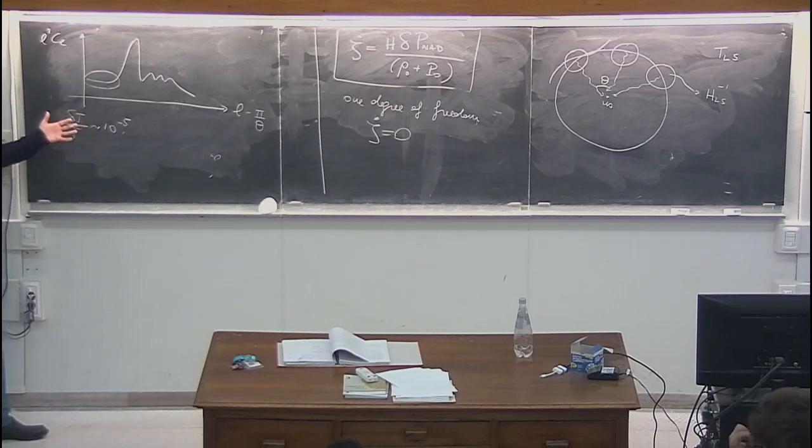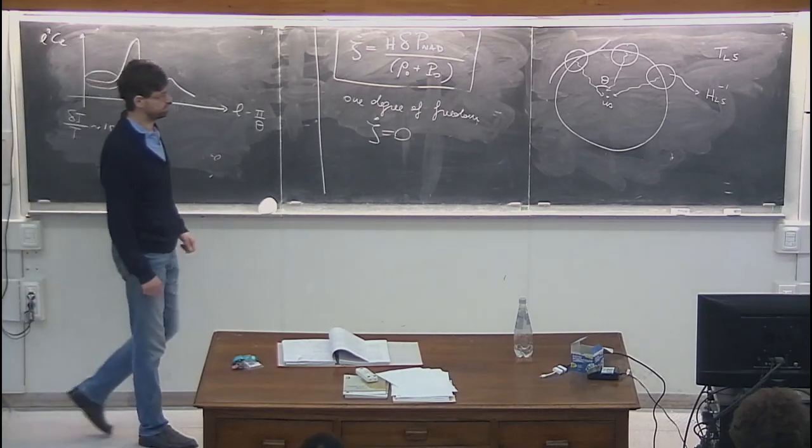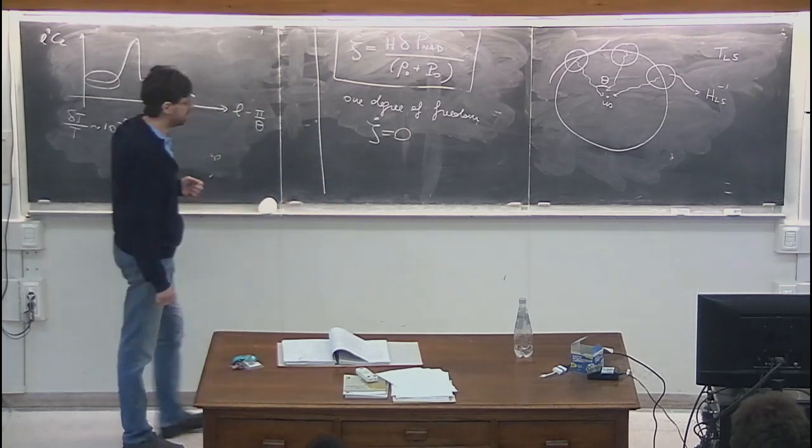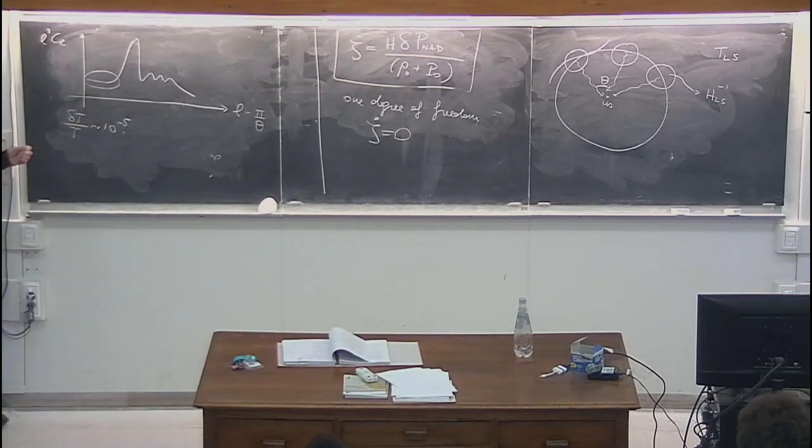What I would like to do now is to show how to connect this quantity, which is basically the size of the plateau, to the prediction of inflation. When I do that, I will be able to explain why there is a plateau, first of all, and this is related to the fact that the spectral index is close to 1.